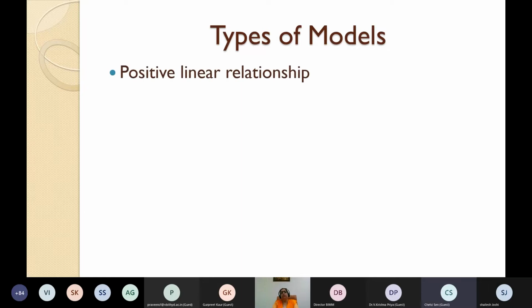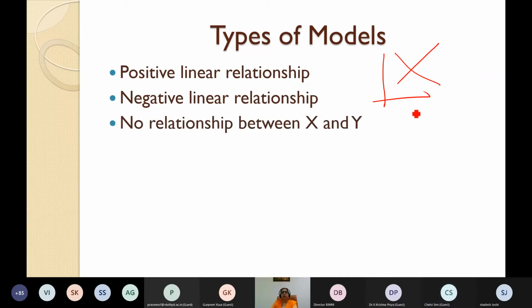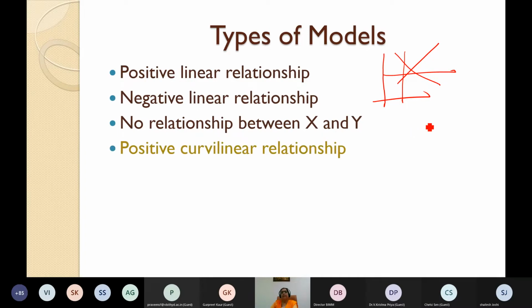So different types of models which we will be studying: positive linear relationship, negative linear relationship. I can define it in this manner. This is positive linear relationship. This is negative linear relationship or opposite relationship. This is no relationship, either it can be this straight or this way. Positive curvilinear relationship.